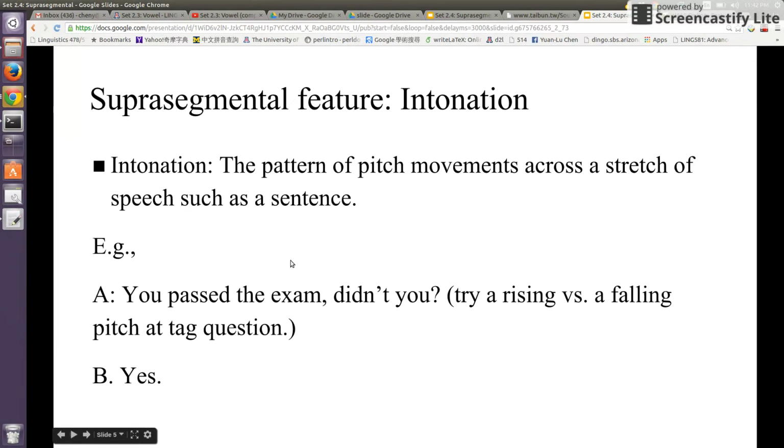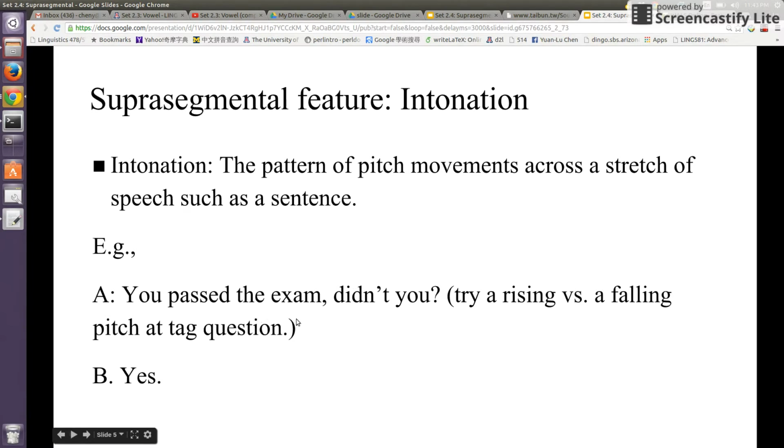Another suprasegmental feature, intonation. Intonation is the pattern of pitch movements across a stretch of speech, such as a sentence. The intonation difference would be here, in the tag question. We can have two possible intonations for this tag question.